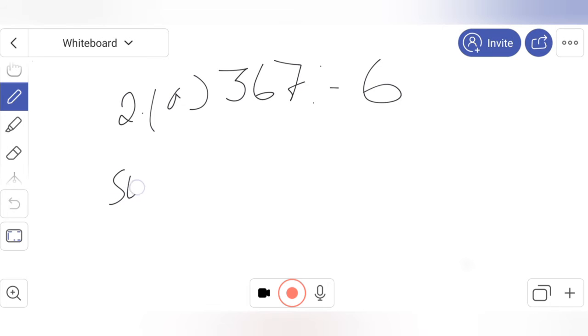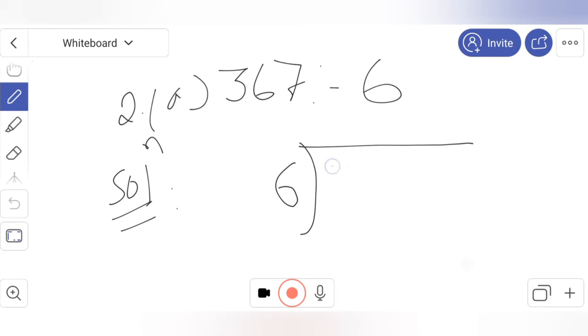So let's write down the solution. So how will it be? 6 will be the divisor and 367 is the dividend. So 367 will be inside.